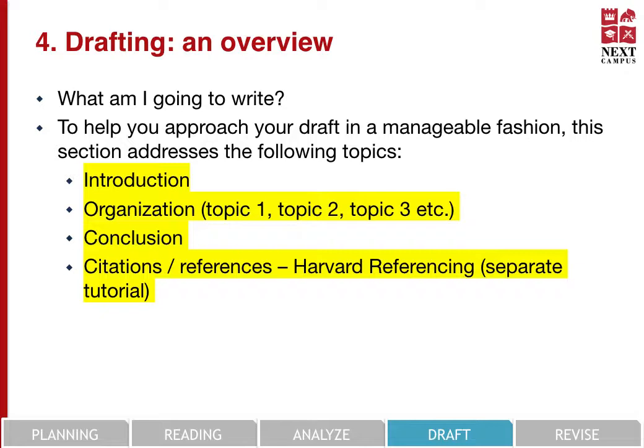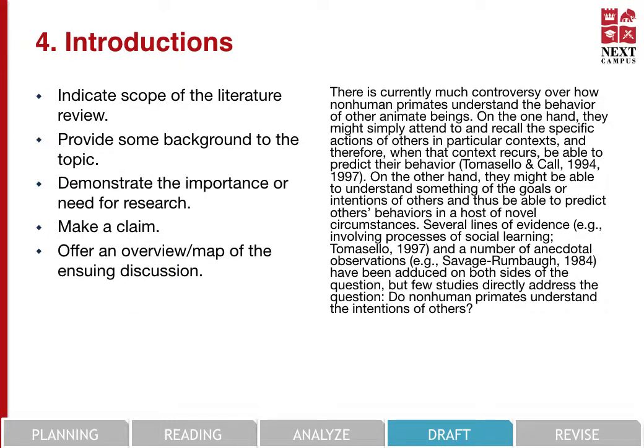Then at the end, you have the conclusion followed by your list of references. So this framework can provide you a good guideline on how to organize and write your literature review. So let's look at introductions.